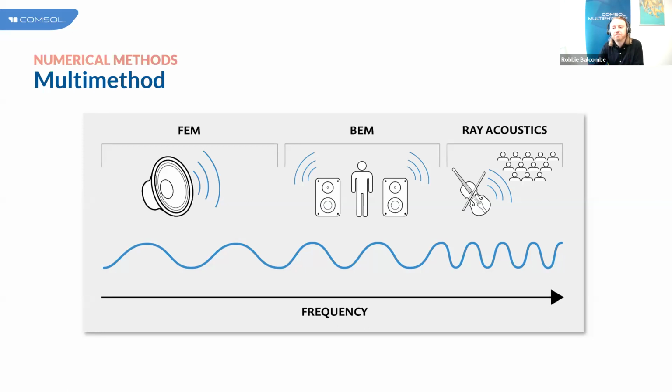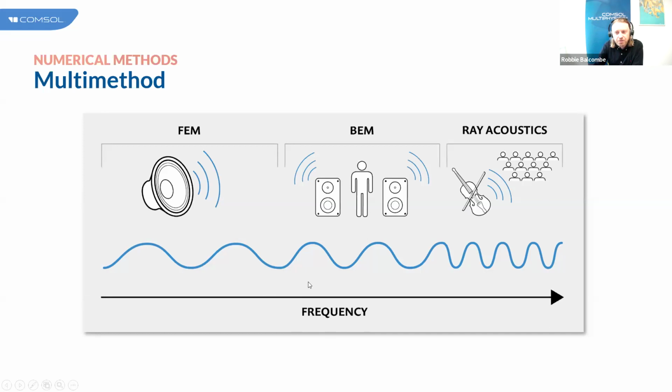So in this kind of moderate frequency band here, we would typically favor using the boundary element method. Rather than having a volume mesh tessellation here, what we're setting up instead is a boundary mesh, which lowers our meshing requirements. Then when we get to higher frequencies, and we're in the high frequency limit, we would tend to use ray tracing or the ray acoustics approach.